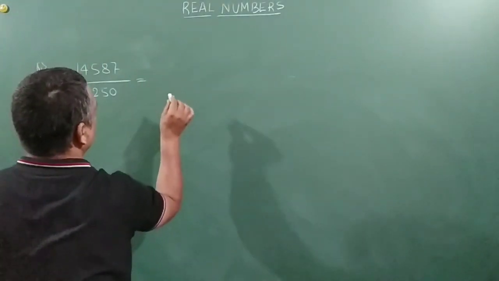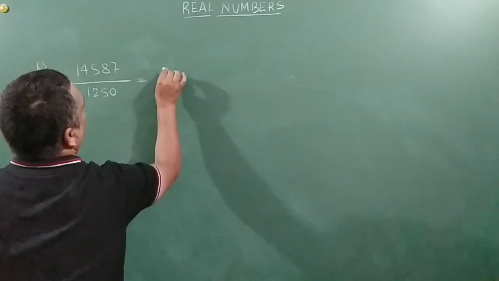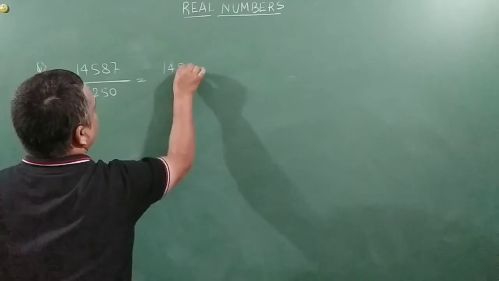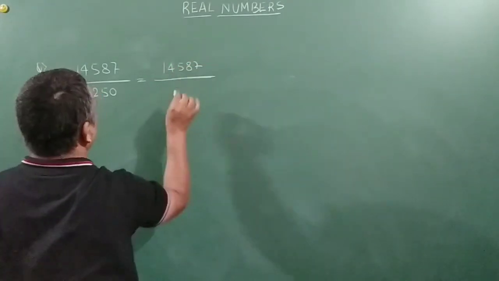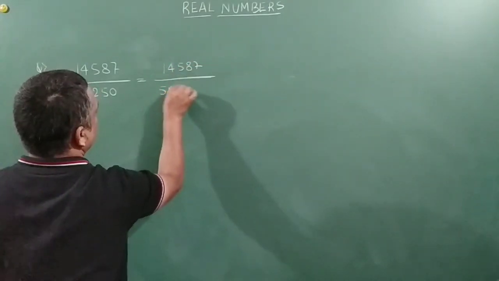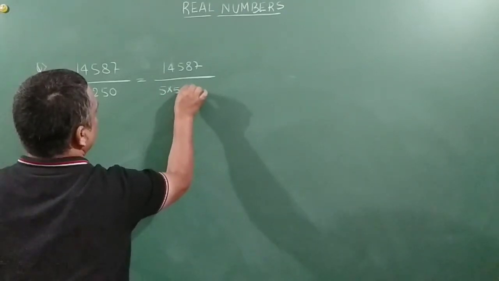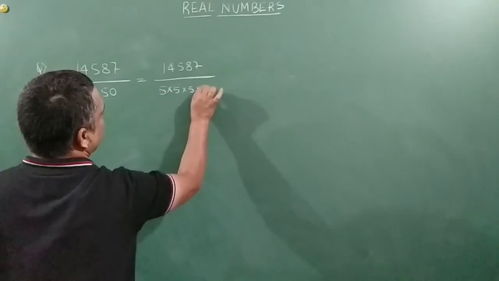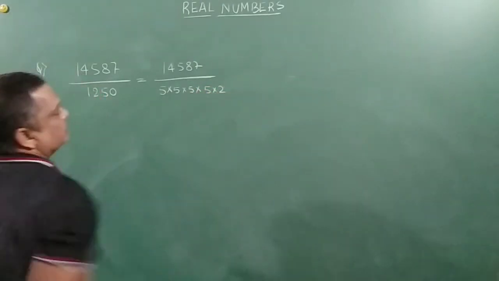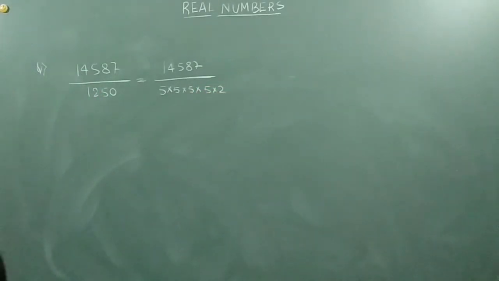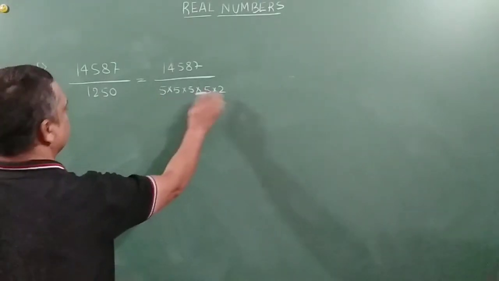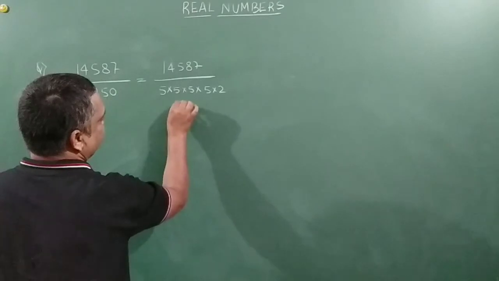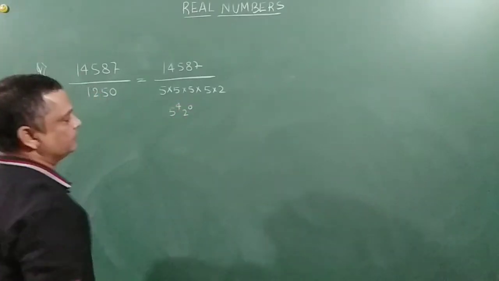So you can see this can be written as 14587 divided by 5 into 5 into 5 into 10, that is 5 into 2. Correct? Is it all right? So we can write it as 5 raised to power 4 and 2 raised to power 1.